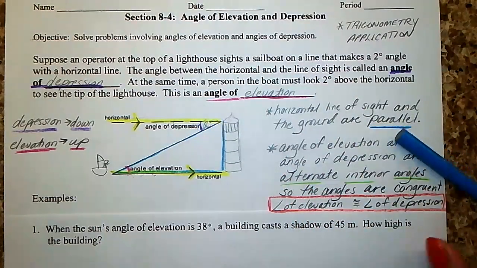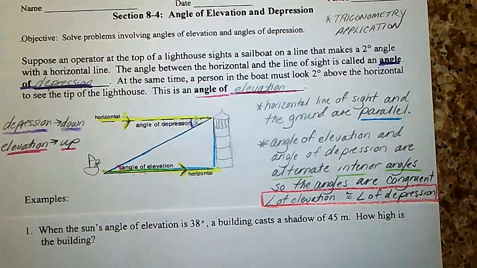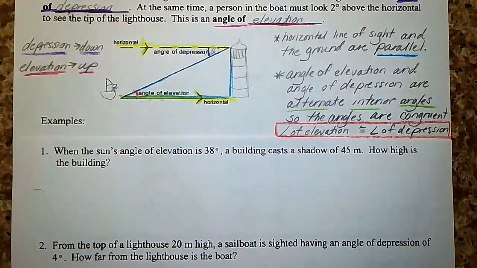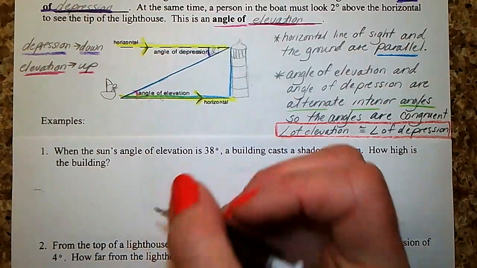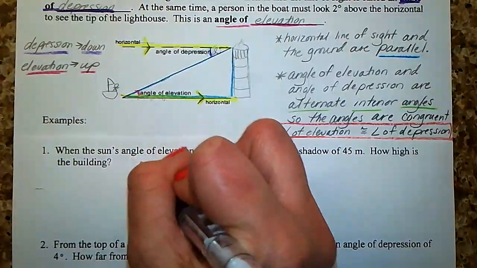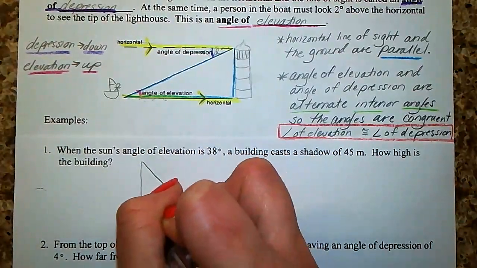Okay? Now, these problems are actually not that hard to solve. The trickiest part is setting up a picture to figure out what trigonometric ratio you need to use. So first piece of advice, always start with a right triangle.